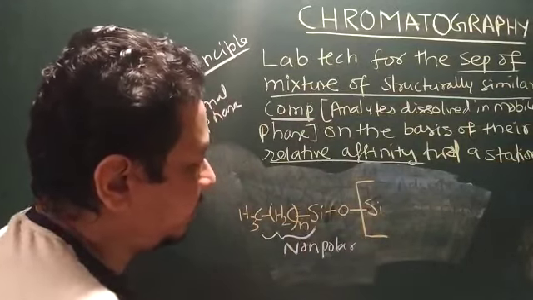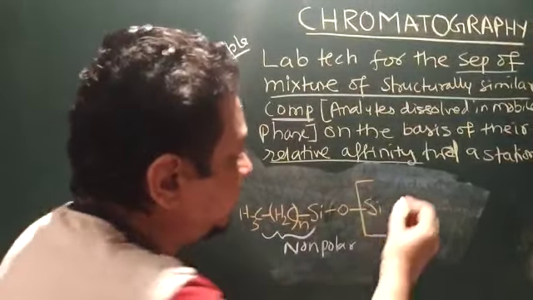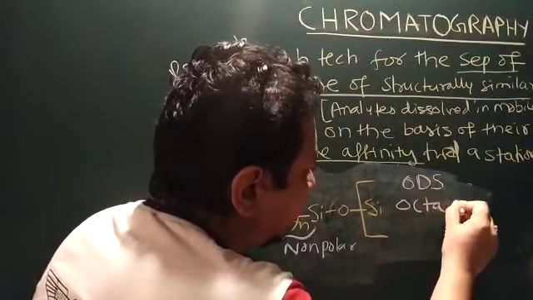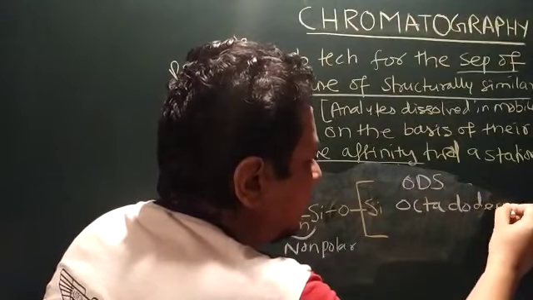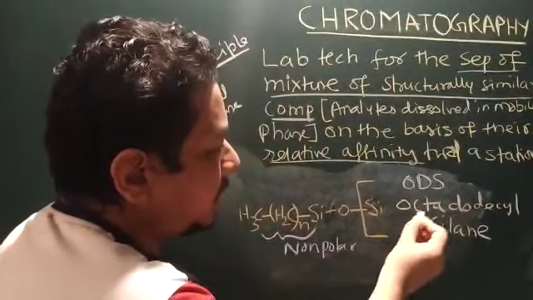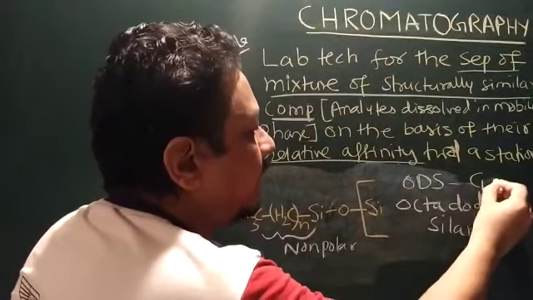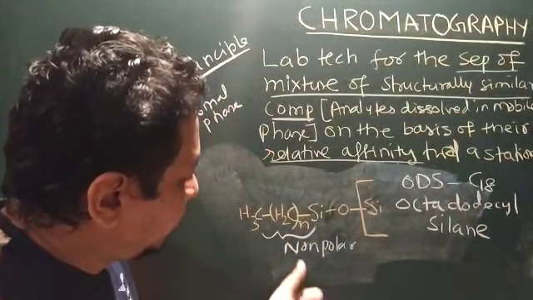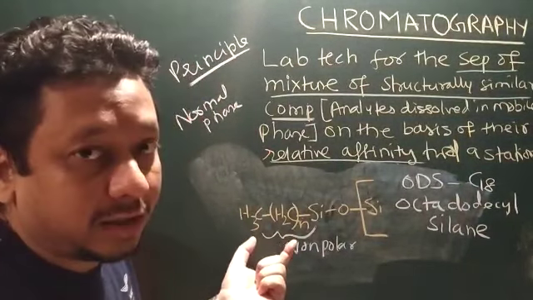An example of this non-polar stationary phase is octadecyl silane. Normally octadecyl is 18, so it is C18; the total number of carbons is 18. So you see, it becomes a non-polar stationary phase.